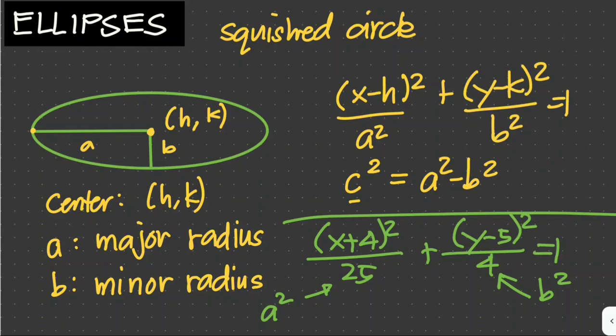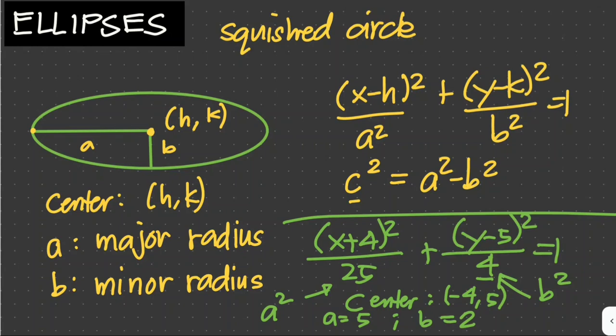Because 25 is larger than 4, it is understood that 25 here is our a squared. And the center here is just equal to -4, 5. Our a, of course, is just the square root of 25, which is 5. And then our b is just equal to the square root of 4, which is 2.